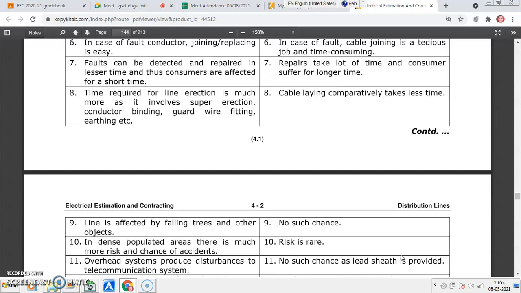If we have sufficient funding for that, and less voltage drop is required, all these are parameters on priority, then we will go for an underground system. So in metros, normally we have underground cables, and particularly in rural areas we have overhead lines. So the overhead system has its own advantages and disadvantages. The underground system has its own advantages.